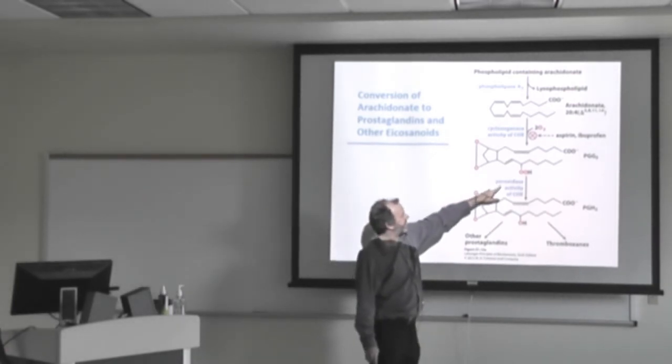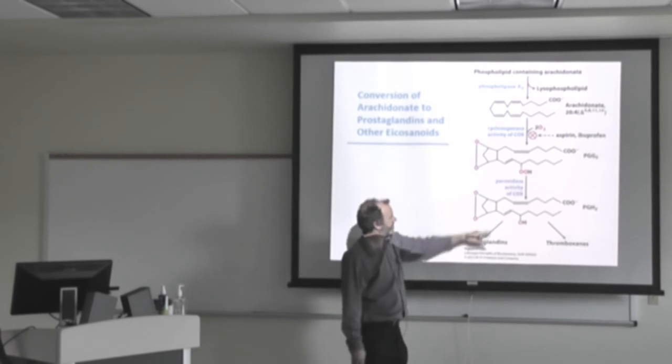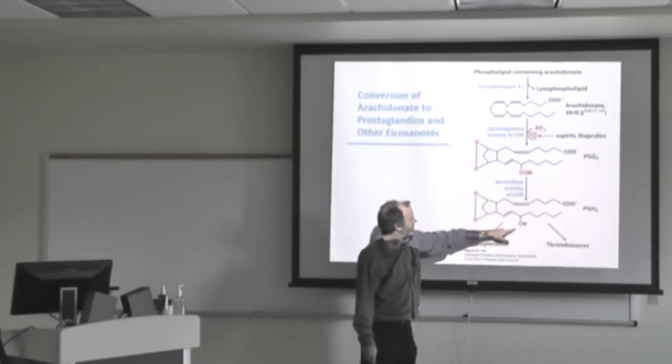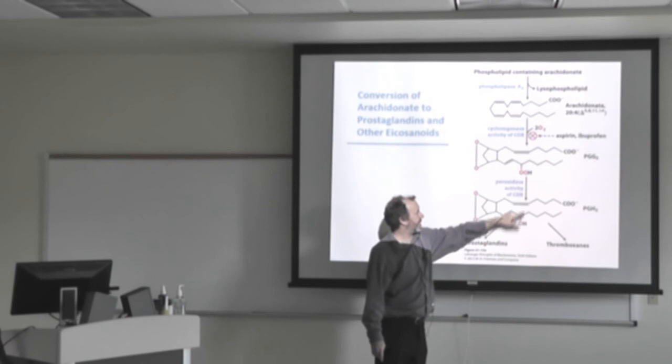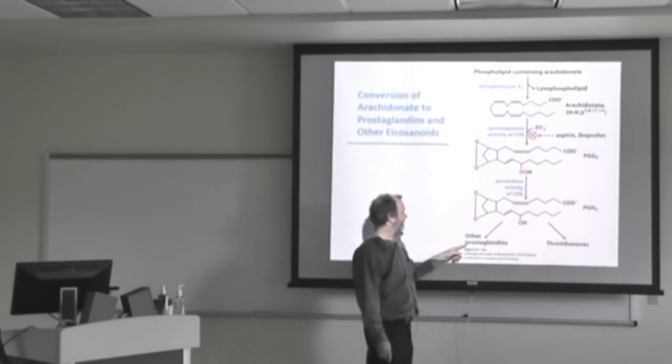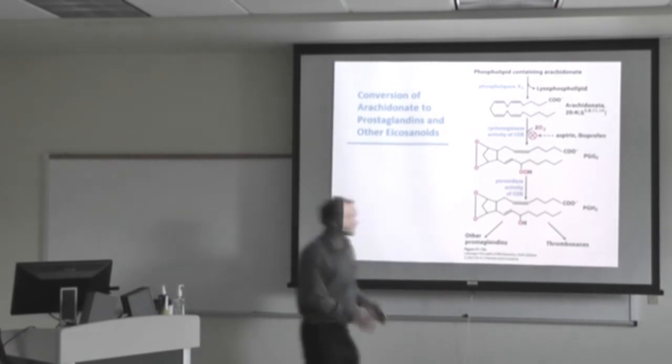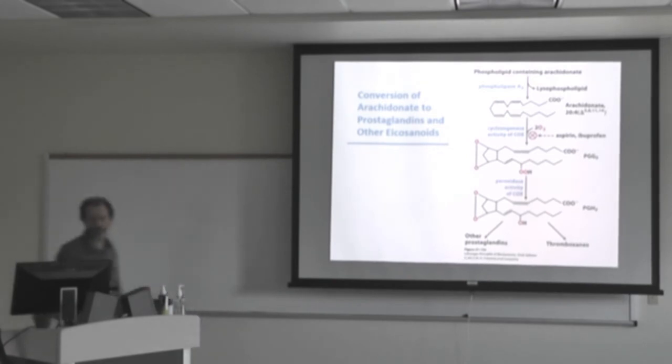And then the peroxidase activity occurs, and you get the reduction of that peroxide there. And then prostaglandins and thromboxanes can be made from that.